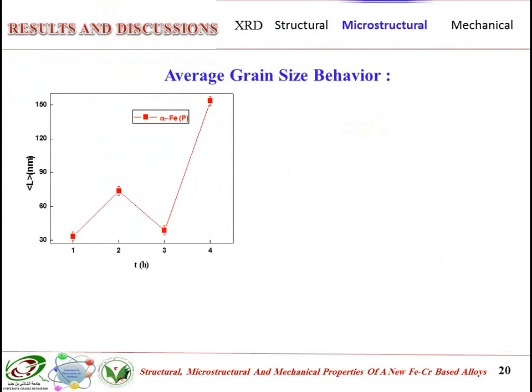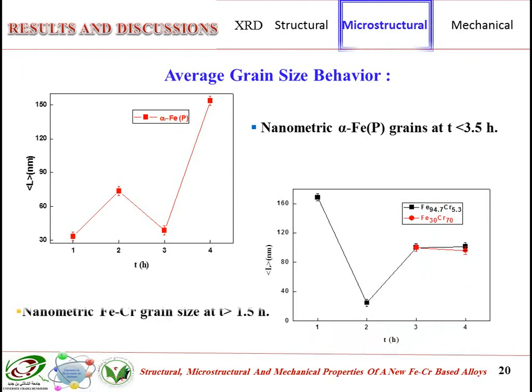The evolution of the average grain size as a function of milling time shows the formation of nanometric grains for the solid solution alpha iron P at times less than 3.5 hours, and at times up to 1.5 hours for the iron chromium binary phases.